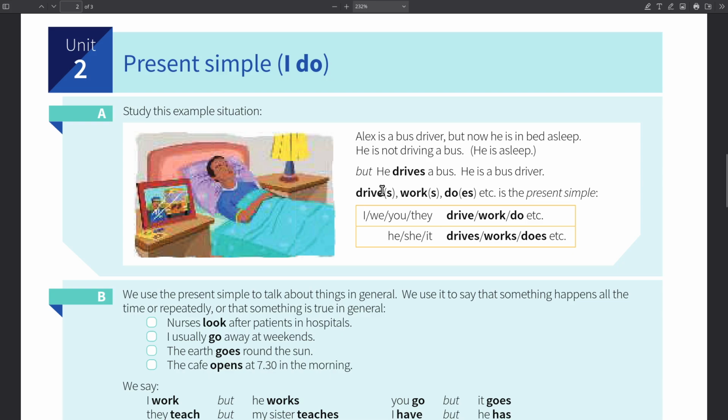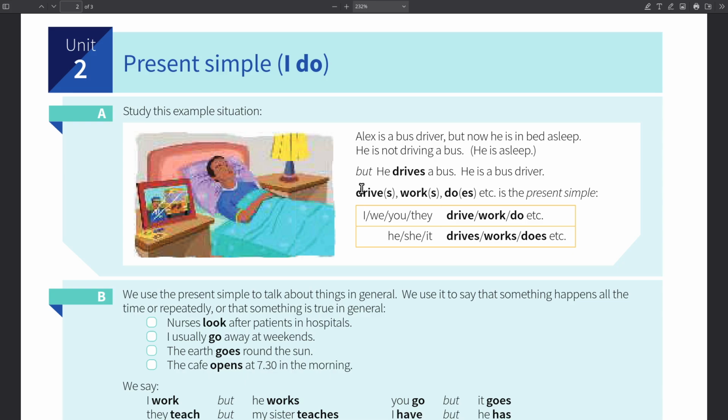So when we want to use the present simple, right, we use the verb in its base form. In this case, drive, right? This is the base form of the verb. Okay, drive or work or do, right?